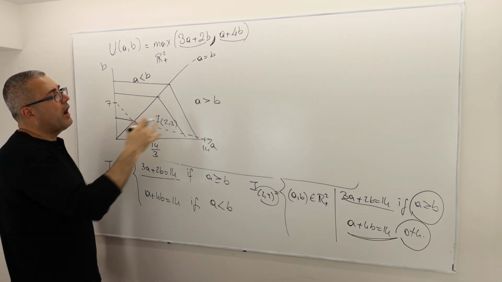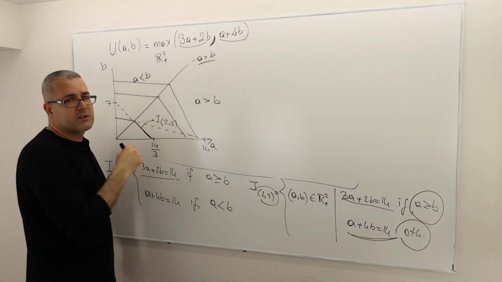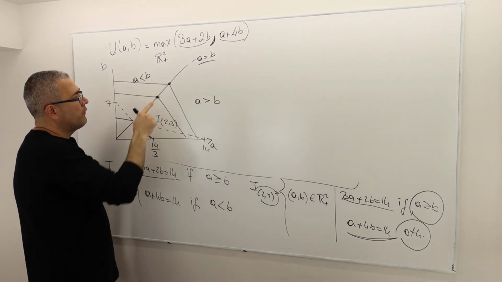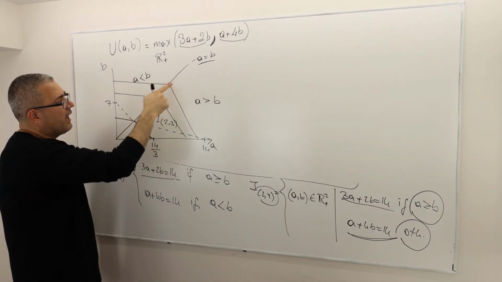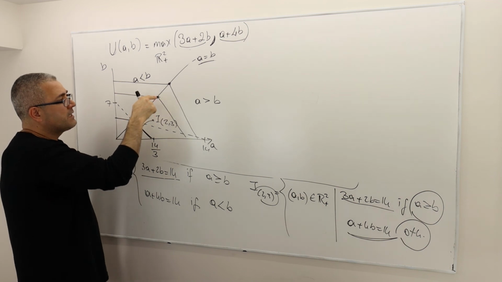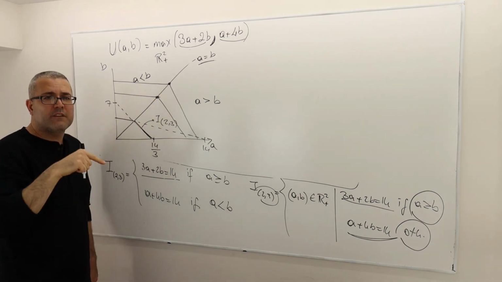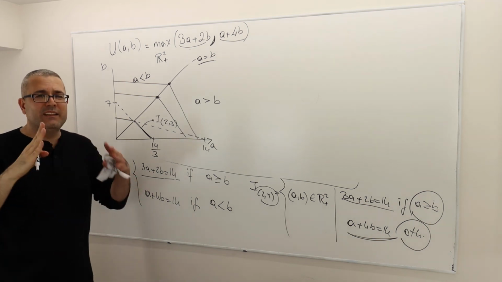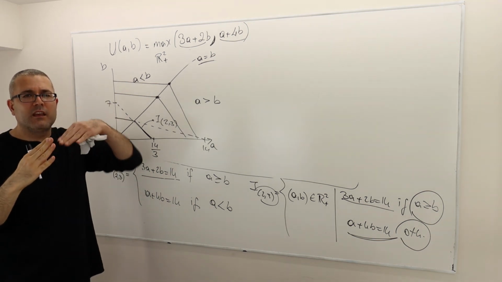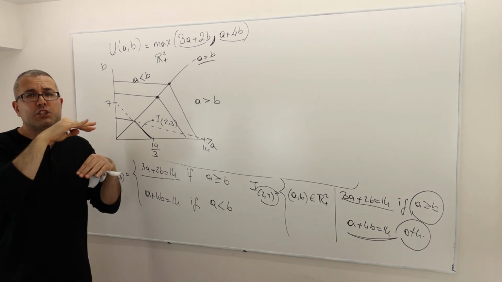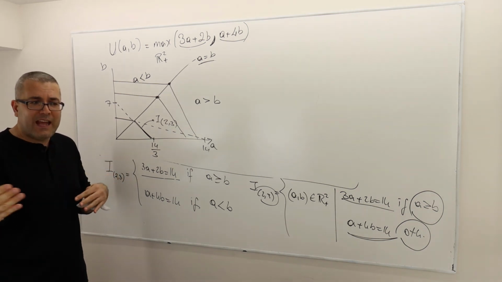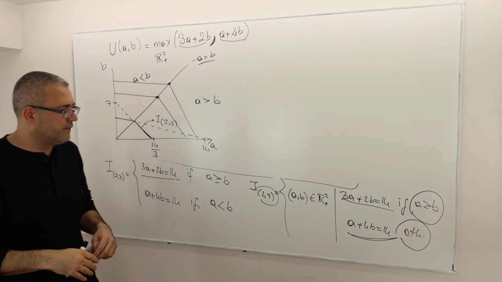Why do I know 5, 5 is on the kink? Remember, A equals B is always the kink point. So 5, 5 is clearly on a higher indifference curve, but it's on the kink. Whenever a point is a kink point, the function is breaking very harshly, not smoothly, so the derivative is not well defined, and hence the MRS is not well defined.